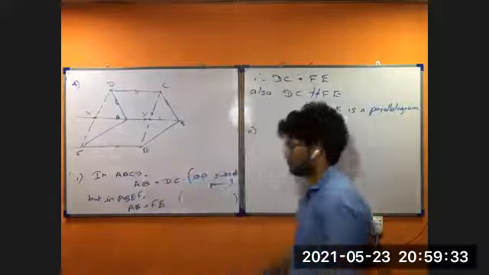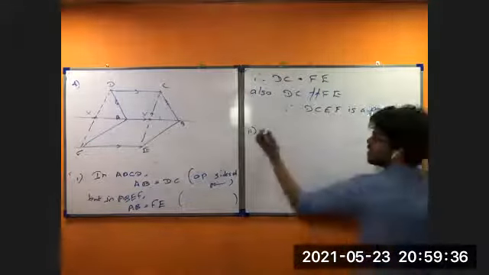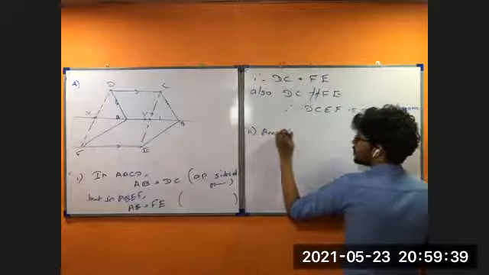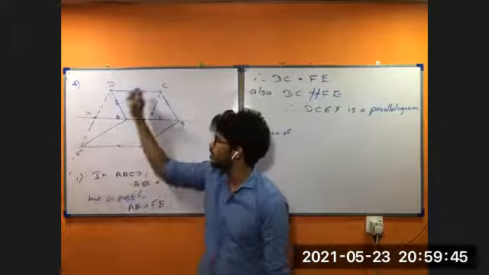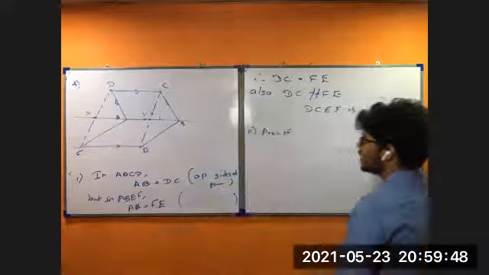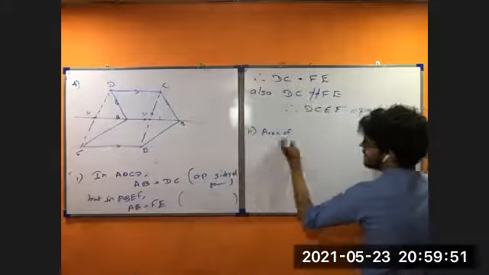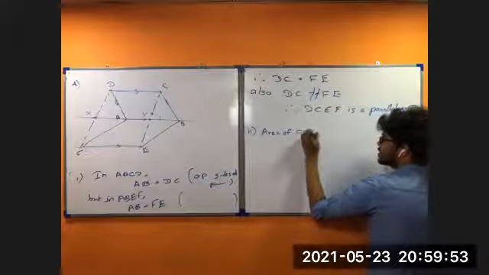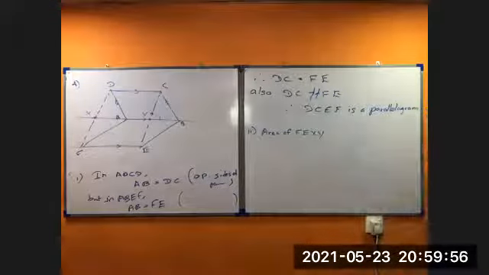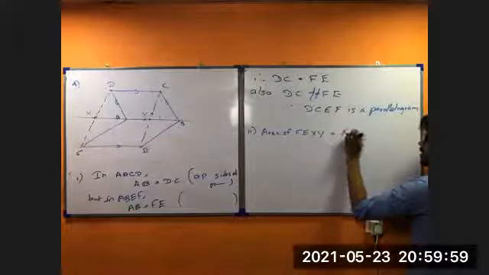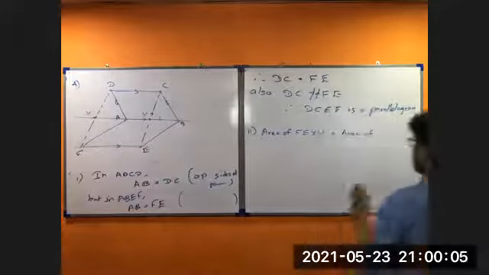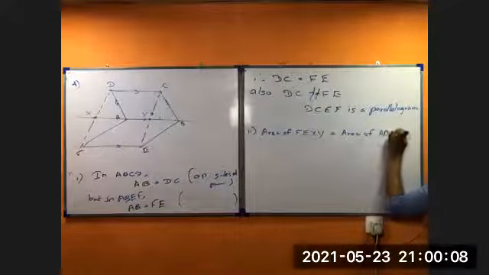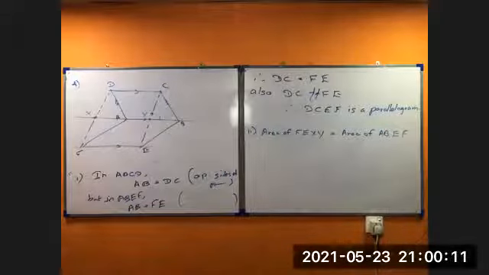I will break this big parallelogram into two parts, right? So area of FEXY is equal to what? Area of this one, ABEF.